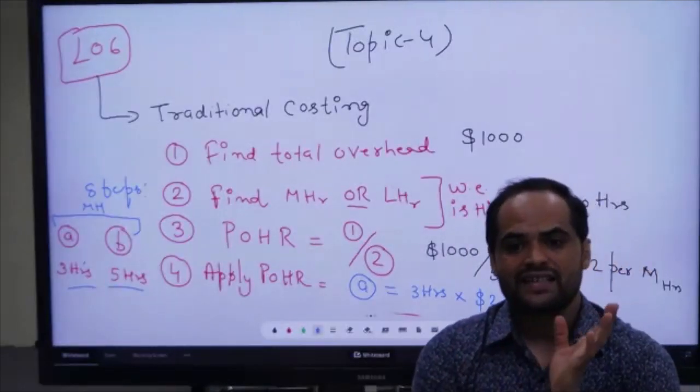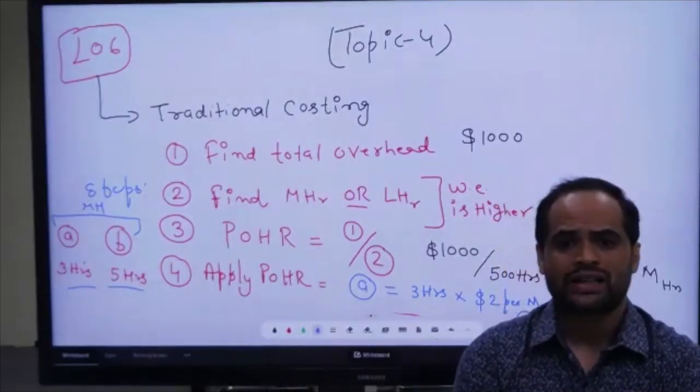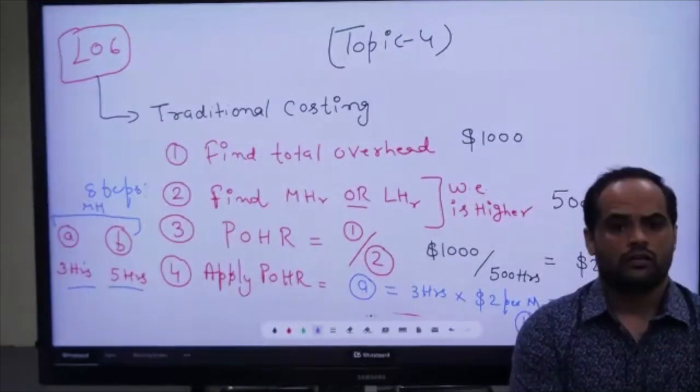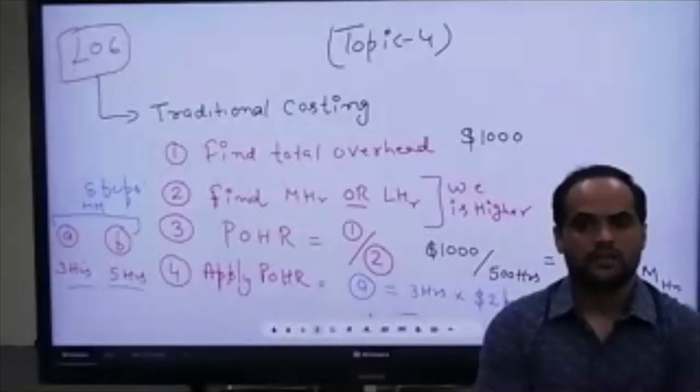Did you get the ideas of ABC and traditional methods? Did you get the ideas of learning outcome 6? Yes, so yes means you understand.